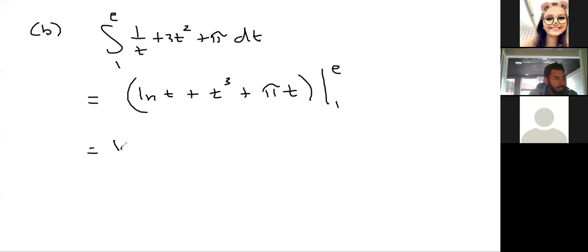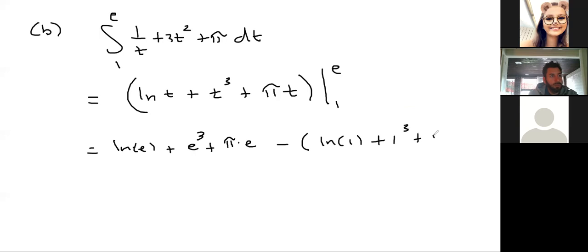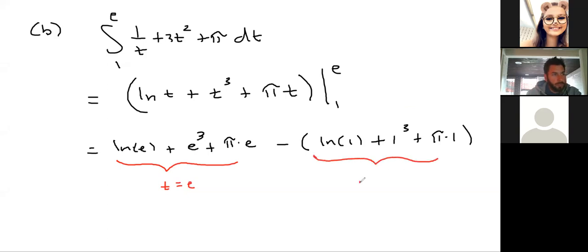So when I plug in e, I get log of e plus e cubed plus pi times e, and then that's minus log of 1 plus 1 cubed plus pi times 1. Let me remind you of what's happening here. This is when t is equal to e, and this is when t is equal to 1.